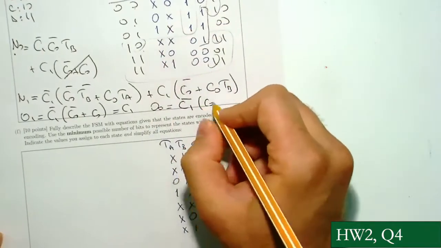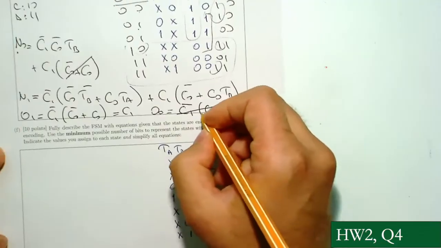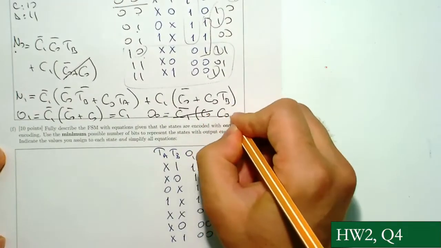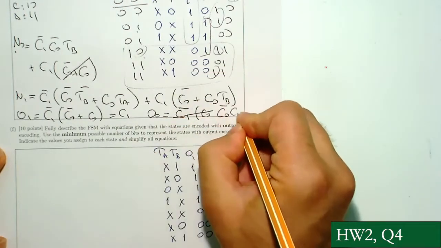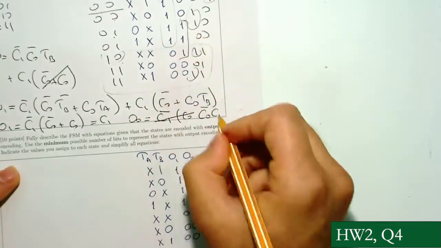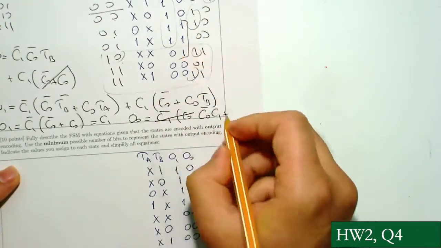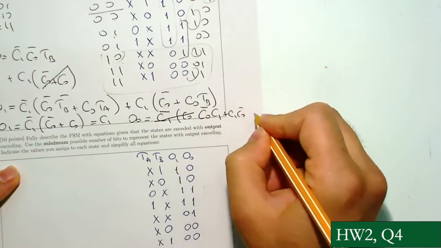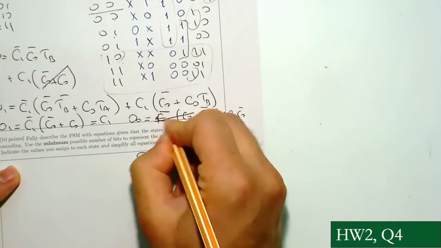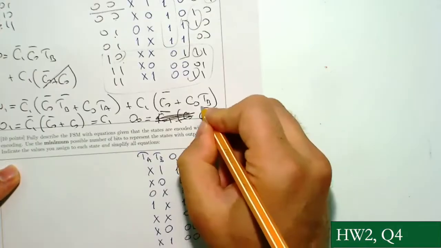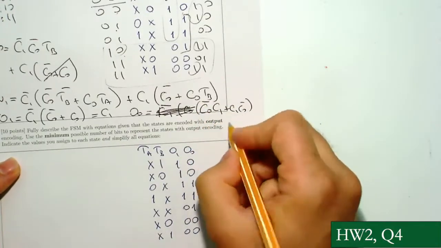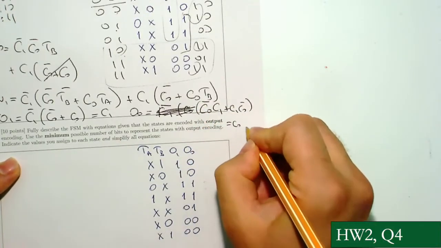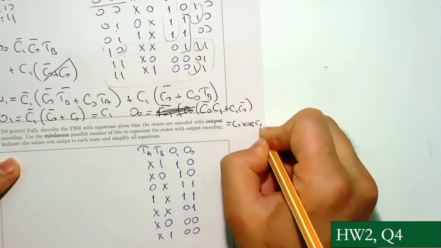And I actually have C0 not and C1 here, or C1 and C0 not, right? So you can ignore that part. So this is basically XOR, right? So you can write it as C0 XOR C1 as well.